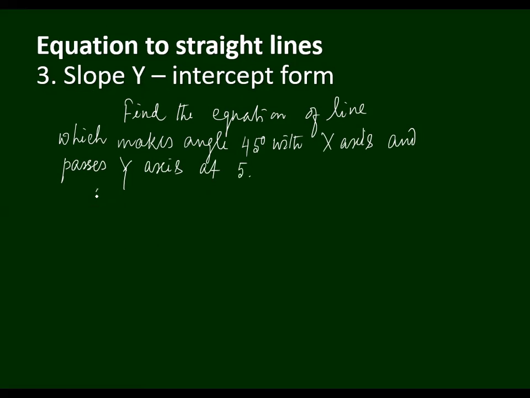What does it mean? Small c is 5. What is m? m is tan 45. Tan 45 is how much? This is 1. So m is 1.